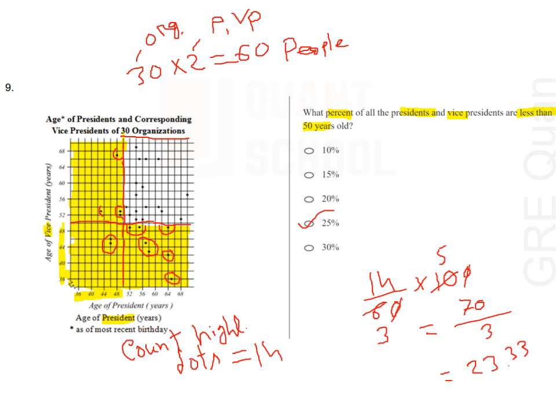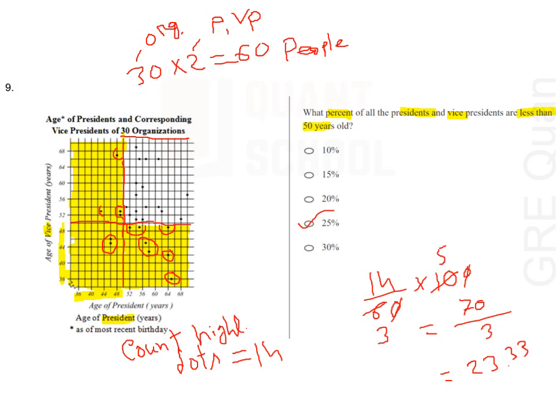So I have highlighted the area and the dots, and the counted dots are 14. So 14 people are less than 50 years old, as there are 30 organizations and 2 positions. So we can multiply 30 by 2 and we'll get 60 people.